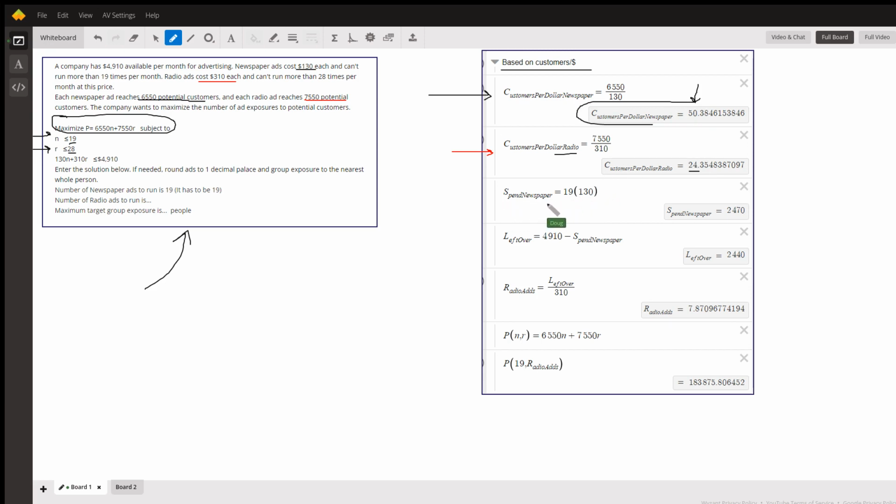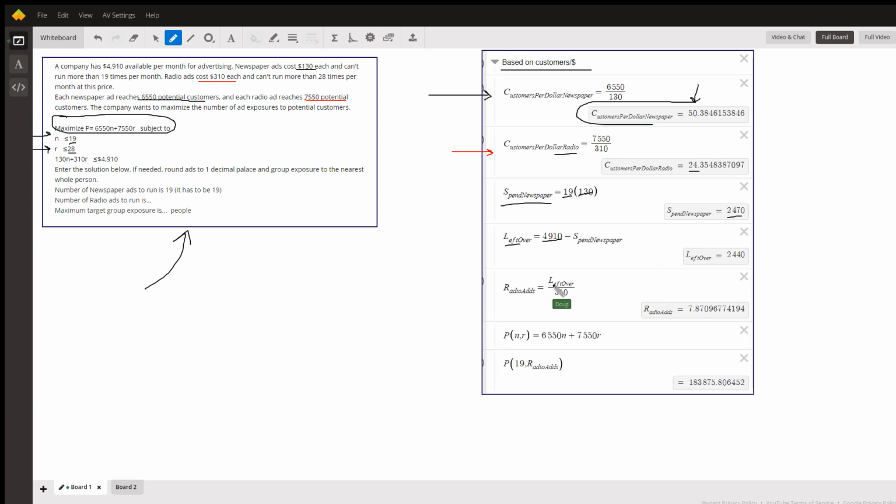So we want to spend as much as we can on newspapers, but the most ads you can have is 19. Each ad costs $130. So you're going to use up $2,470 out of the $4,910 you have available. So if we subtract that, that's the amount that's left over, $2,440.